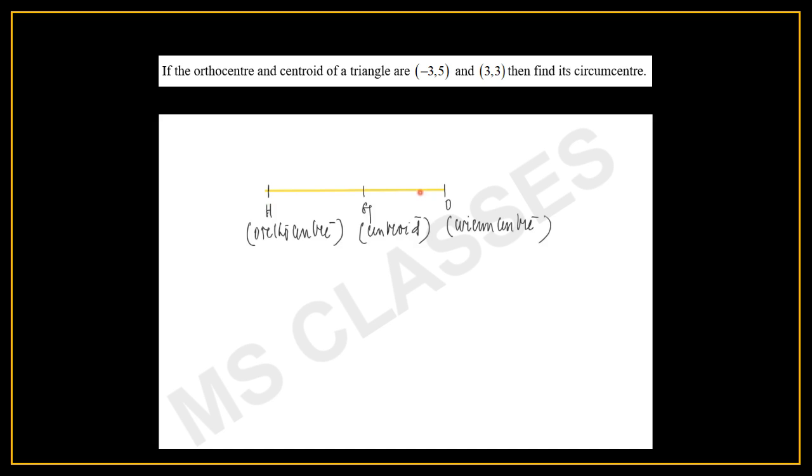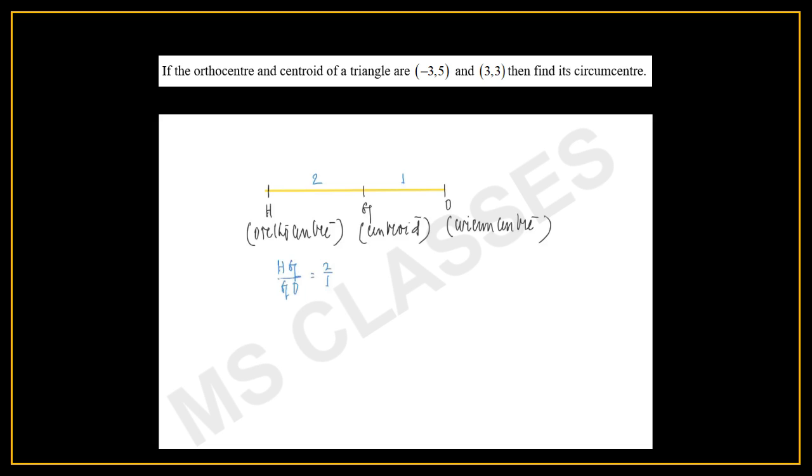And this is always in the ratio 2:1. Here we can say HG by GO is always 2:1.